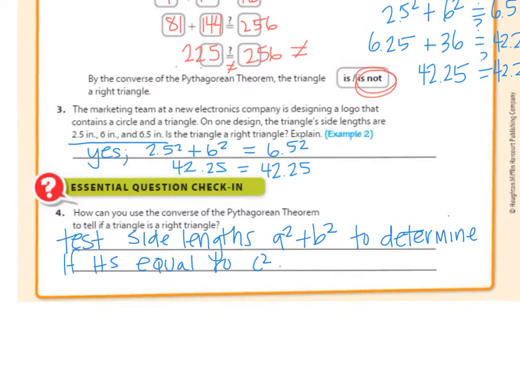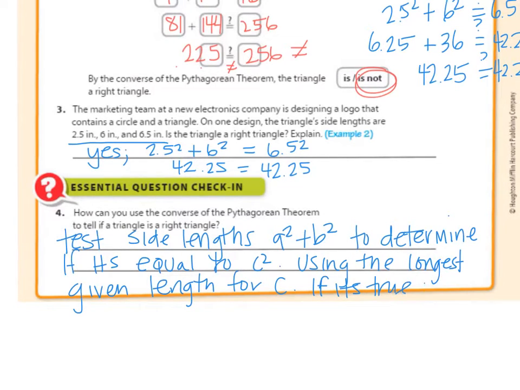And then just remember using the longest given length for c. If it's true, it is a right triangle.